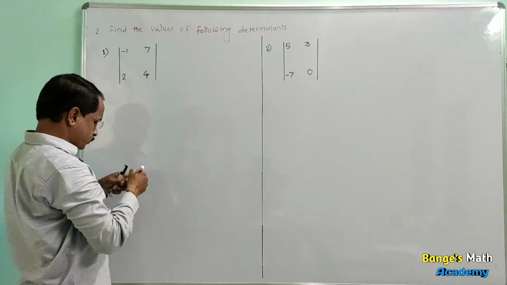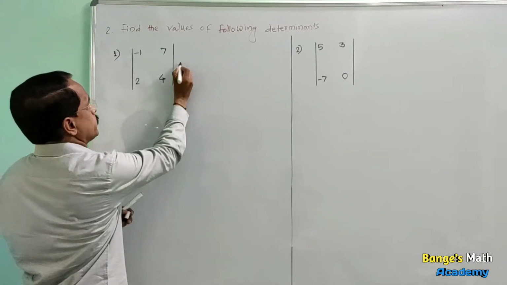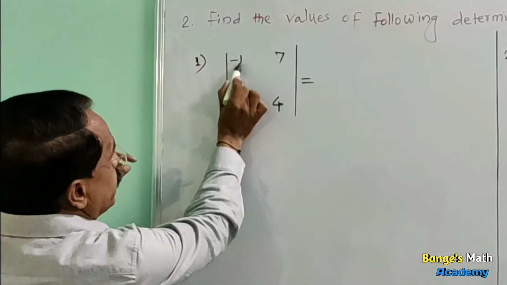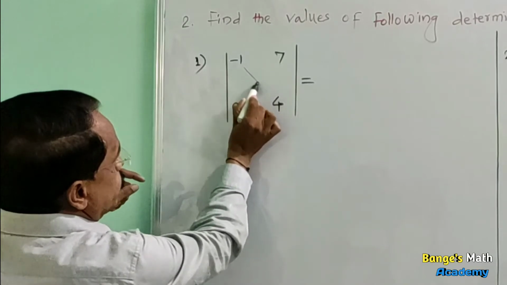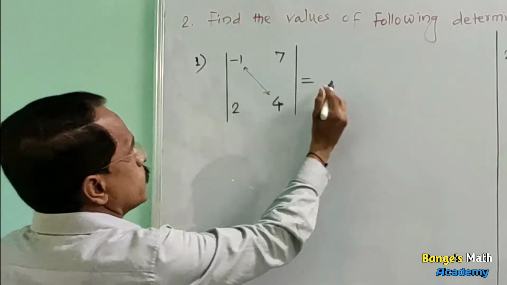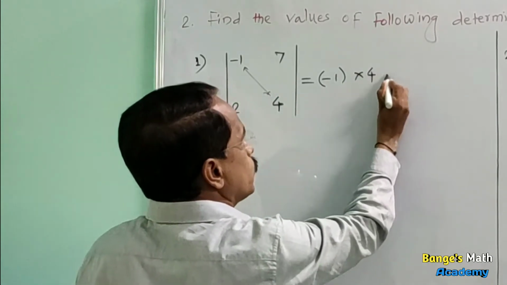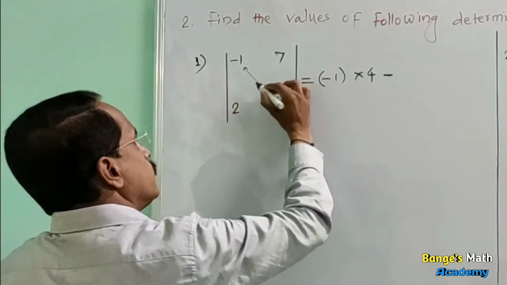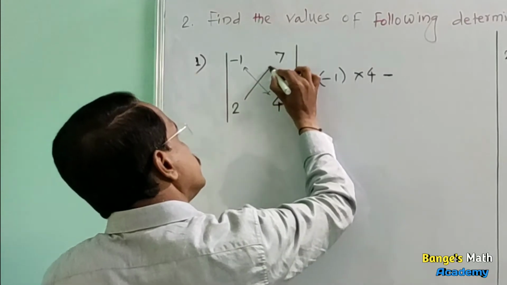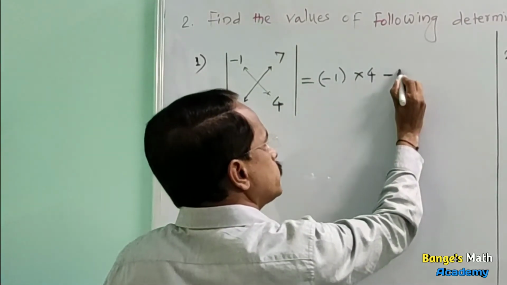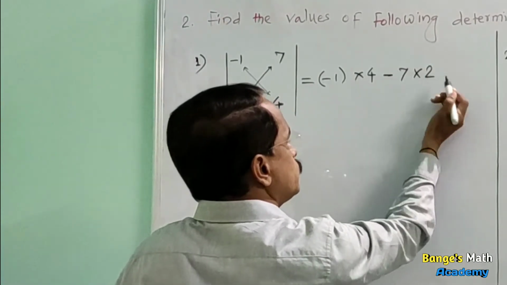Take the product of minus 1 into 4, minus the product of 2 into 7 or 7 into 2.